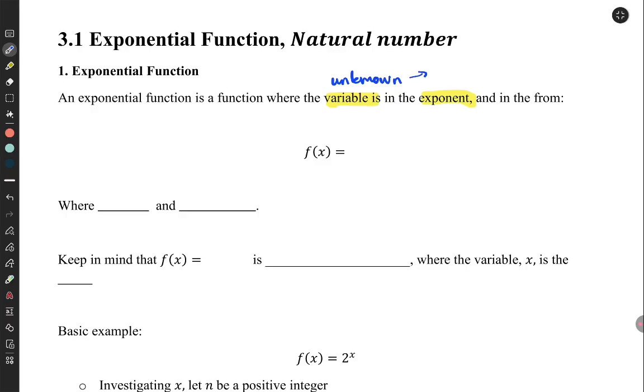So x is in the exponent, and then you need a base. So x is the exponent and a is the base.